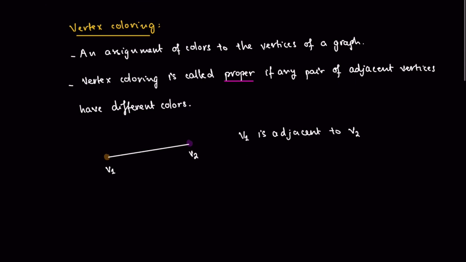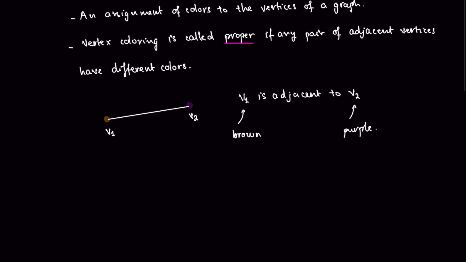In this case V1 is brown and V2 is purple. This graph right here represents a proper vertex coloring.